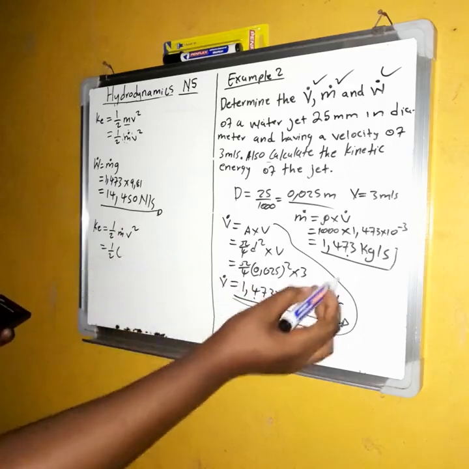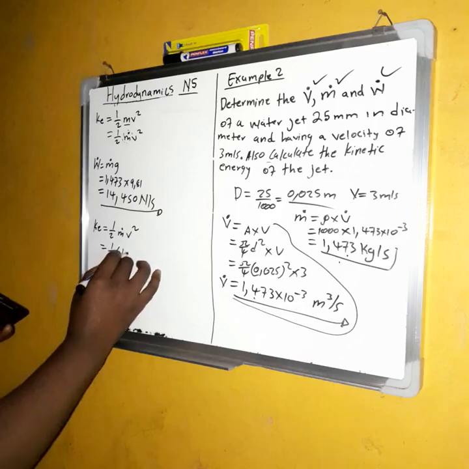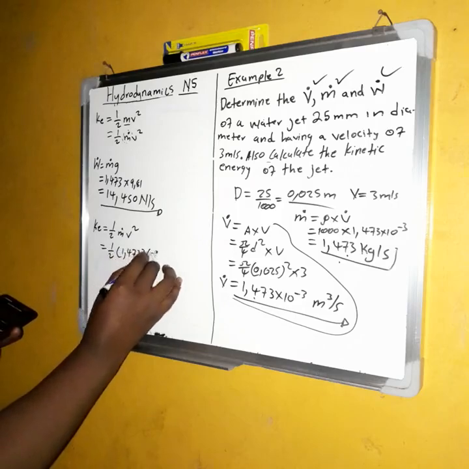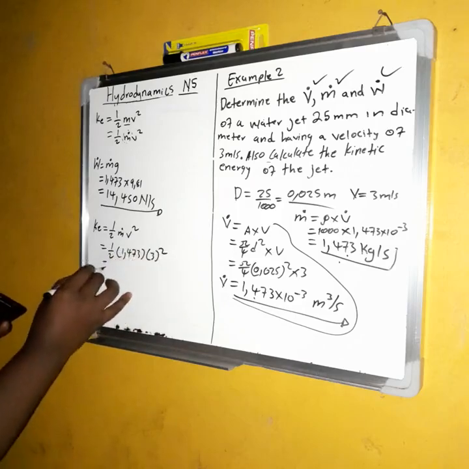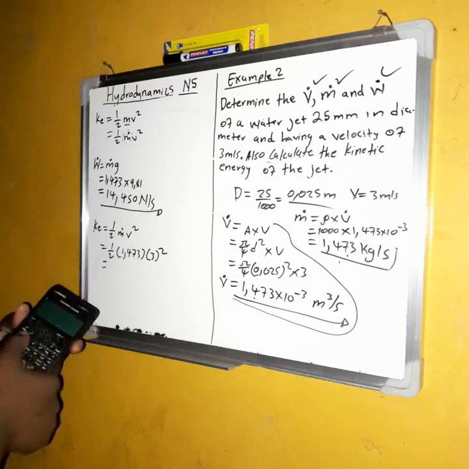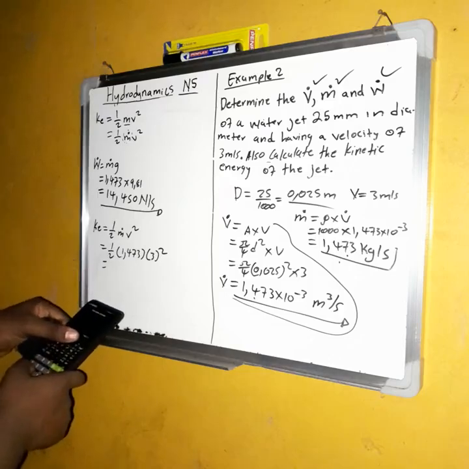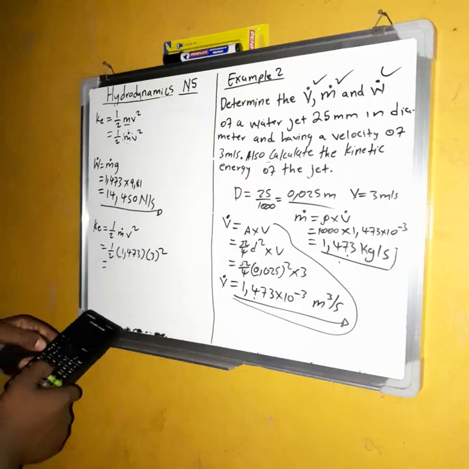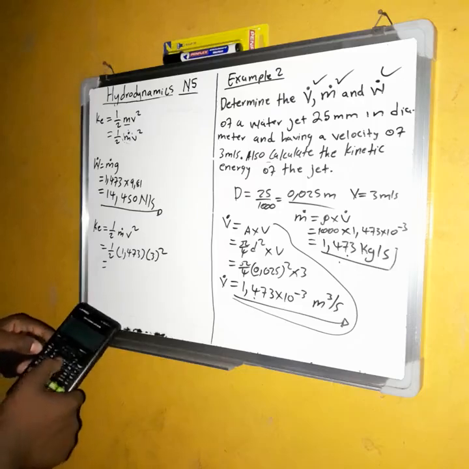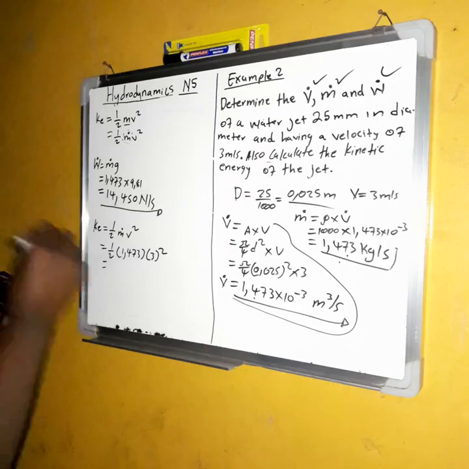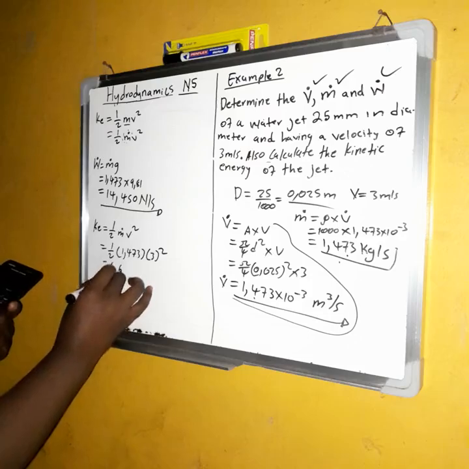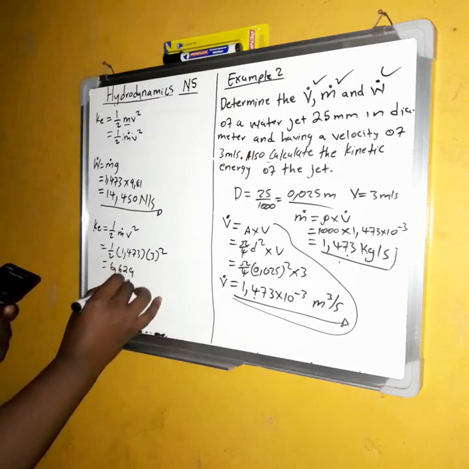Mass flow is 1.473, velocity is 3, you square that. This will be 6.629.